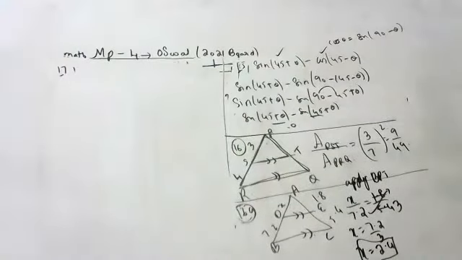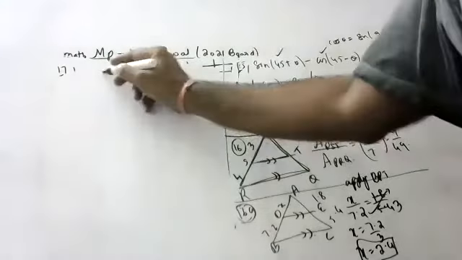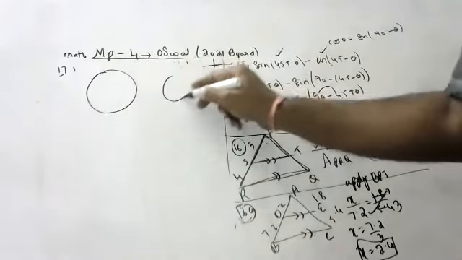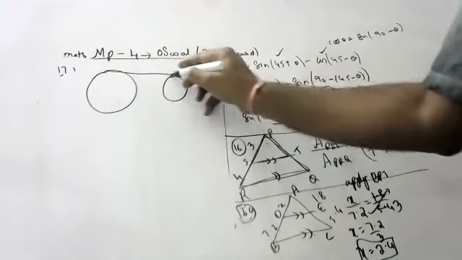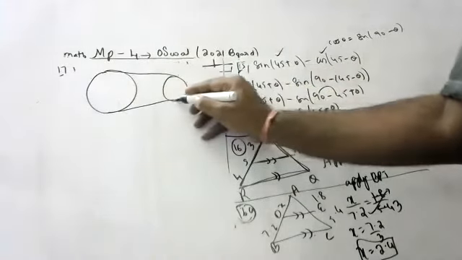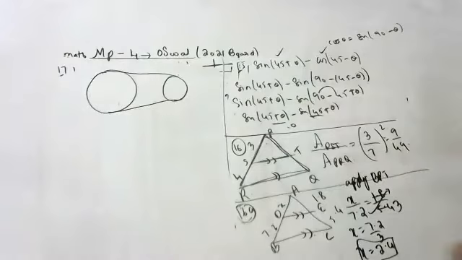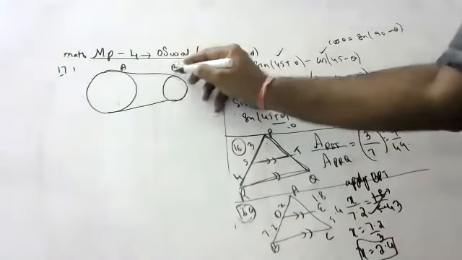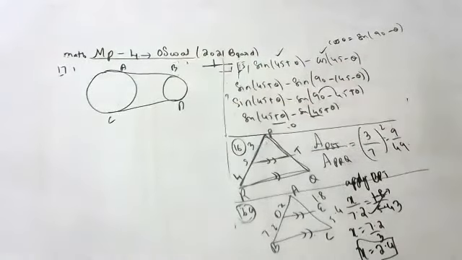So, now the question is on this. They are saying here one circle is there, here one circle is there, here one parallel line is running like this, here also one parallel line is running like this. Okay, so this is A, this is B, this is C, this is D. AB and CD are common tangents to circles of unequal radius.